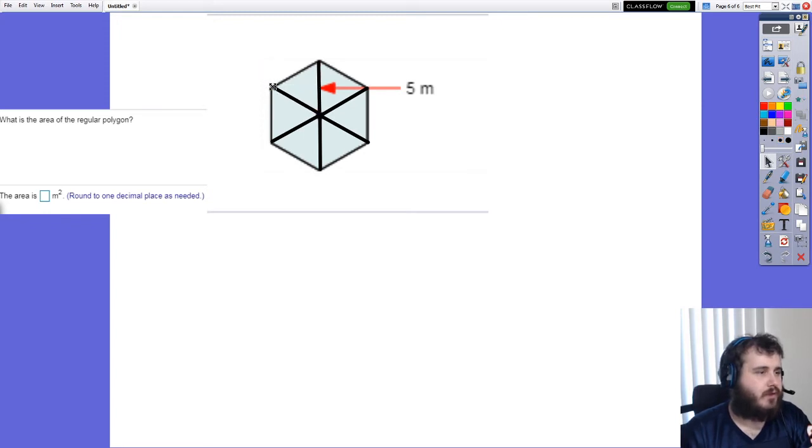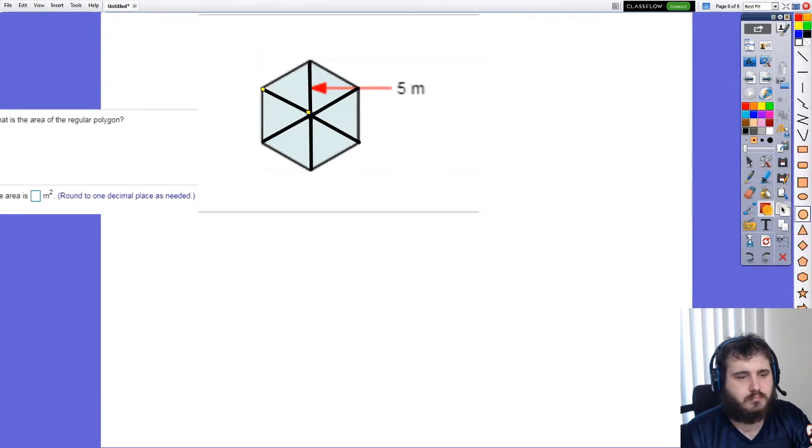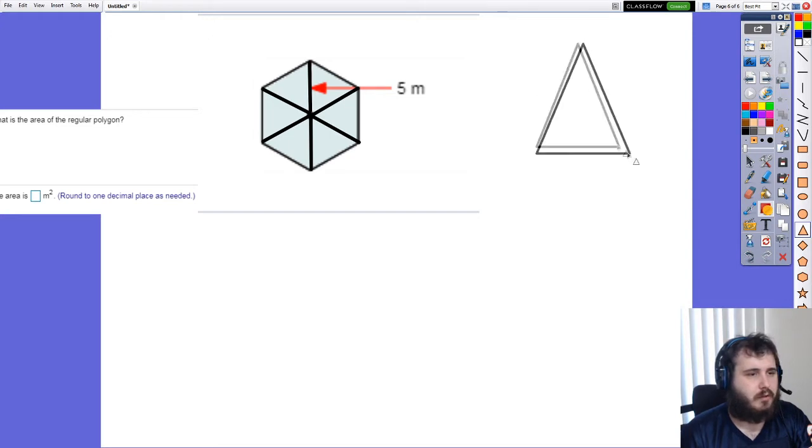So regular hexagon, these triangles that I cut it up into are equilateral. And that means that I'm going to draw a little triangle right here so that we can do some work on it.